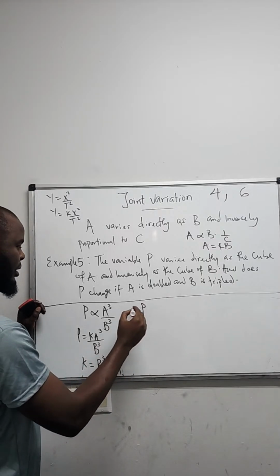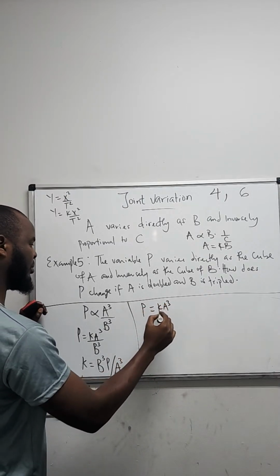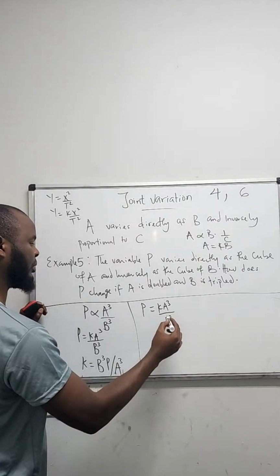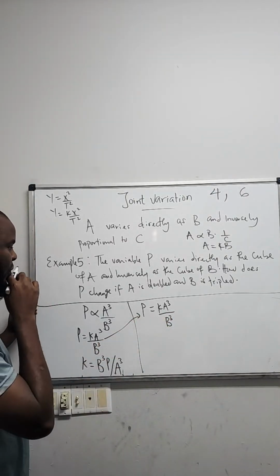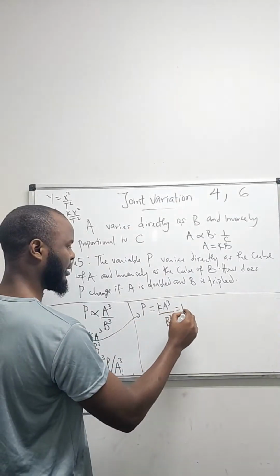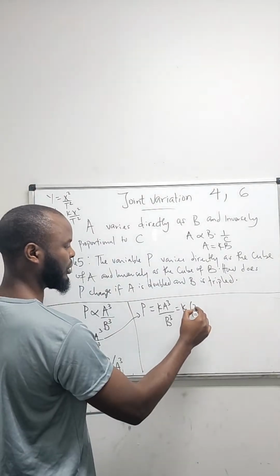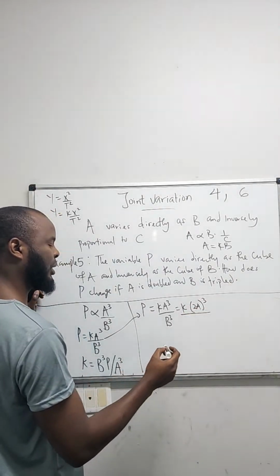Now let's go back. P equals K A cubed over B cubed. And it says, how does P change if A is doubled and B is tripled?